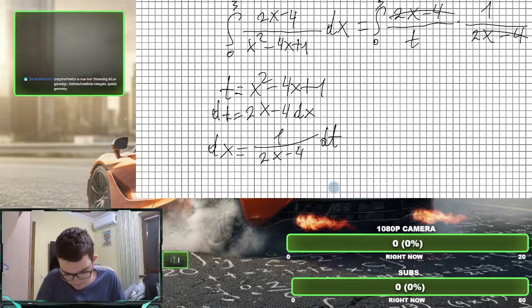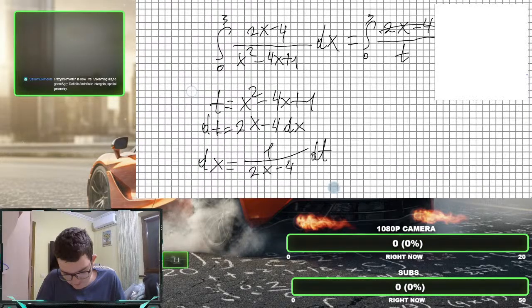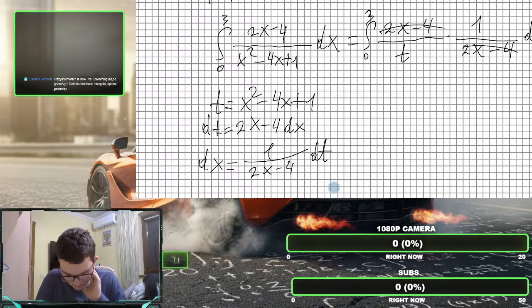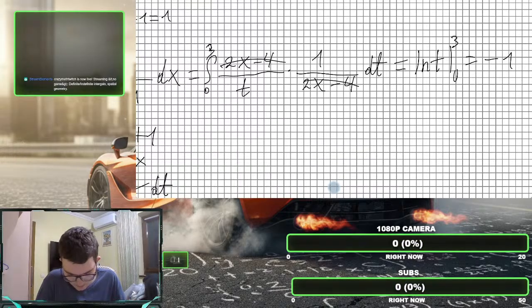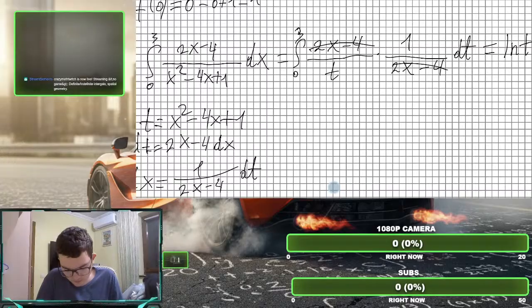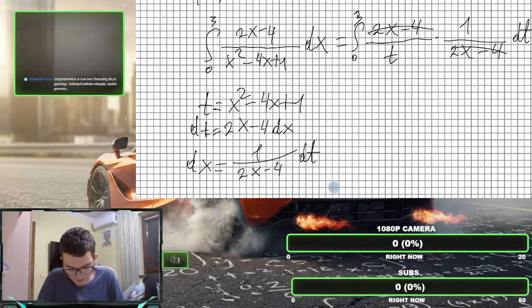Now you essentially solve the definite integral, and you would get this ln minus 2. Maybe I can ask it to solve with another method.